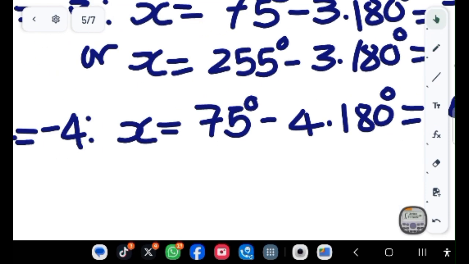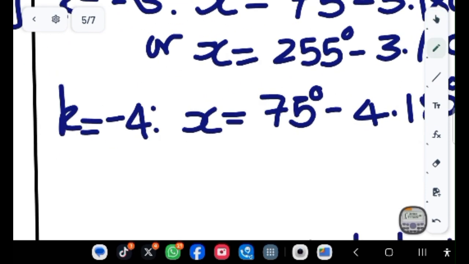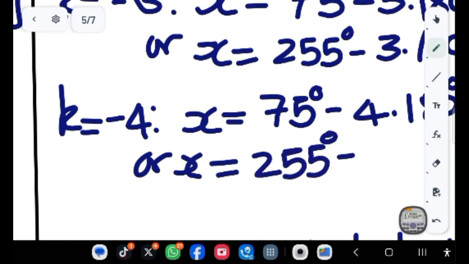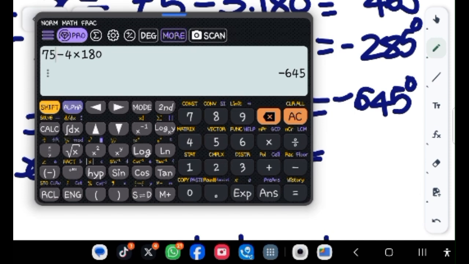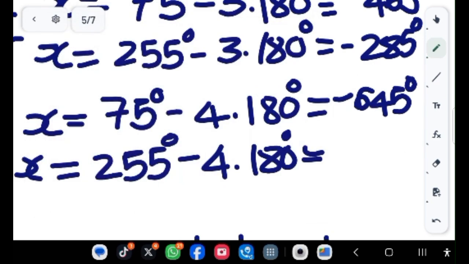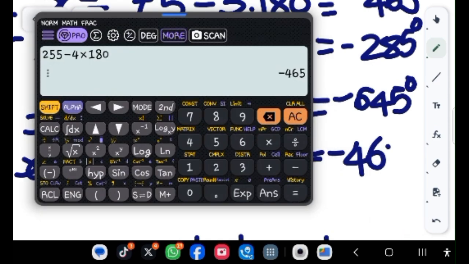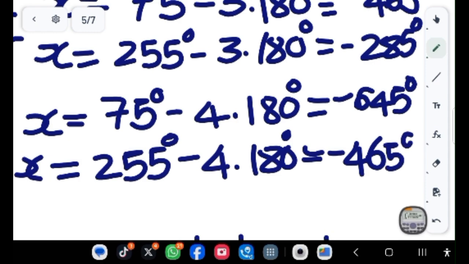And then 255 minus 4 times 180 gives us -465.